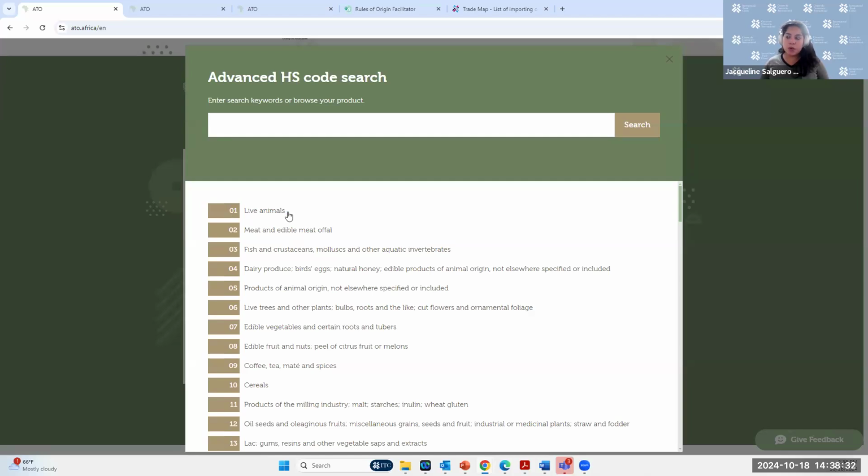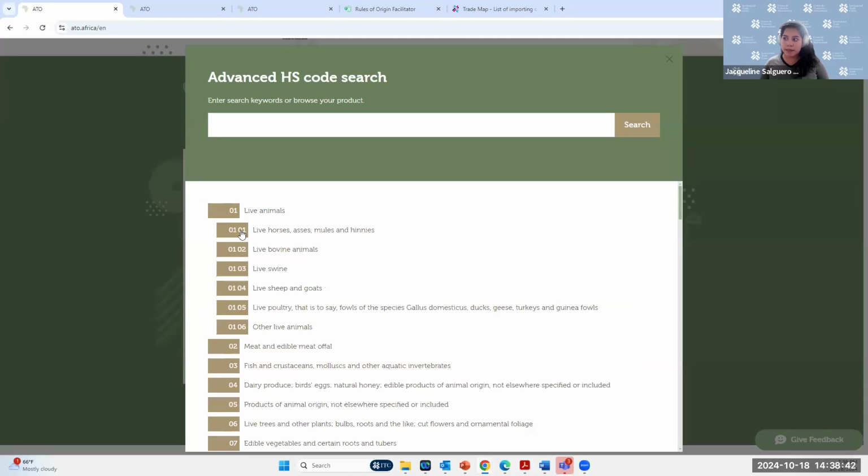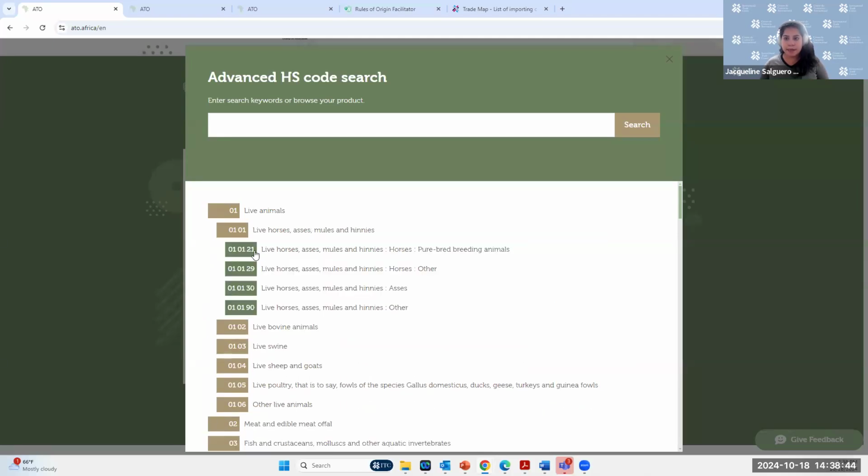If you want to go category by category, you will see the first one refers to live animals. You click on this one, and then click again on the heading, and it will disaggregate it to the subheading level, which, as I told you, is the most disaggregated level that we can have.